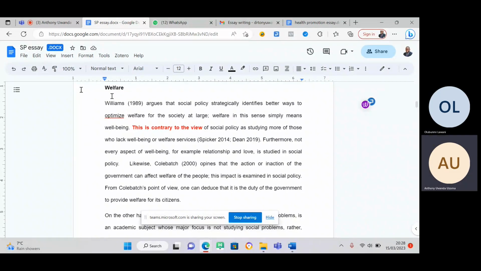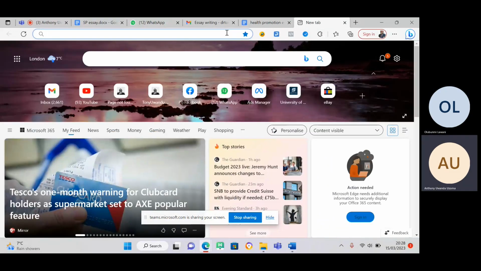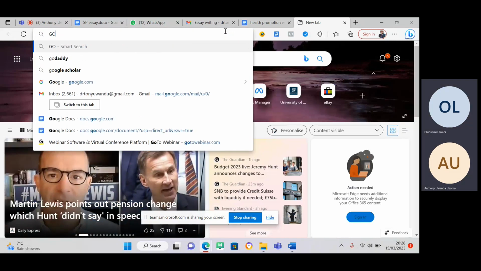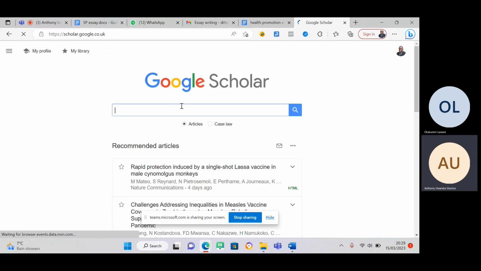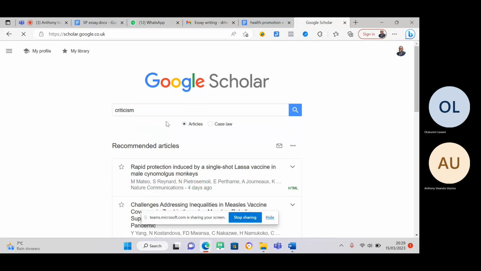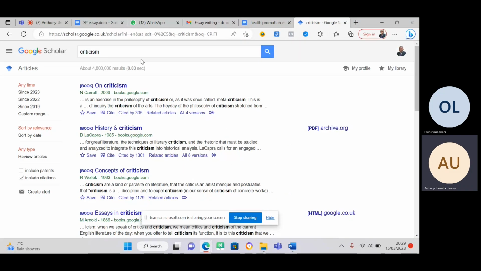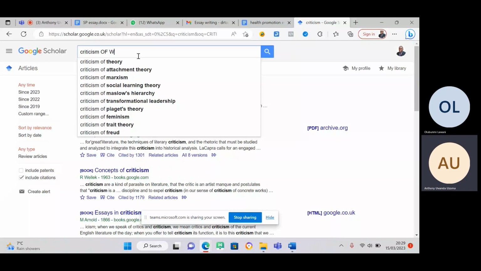So anytime you define something, you can just go to Google and type critique of welfare or criticism of welfare. Just go to Google Scholar. If you don't know the contrary argument, you can just say critique of welfare, criticism of welfare in social policy.